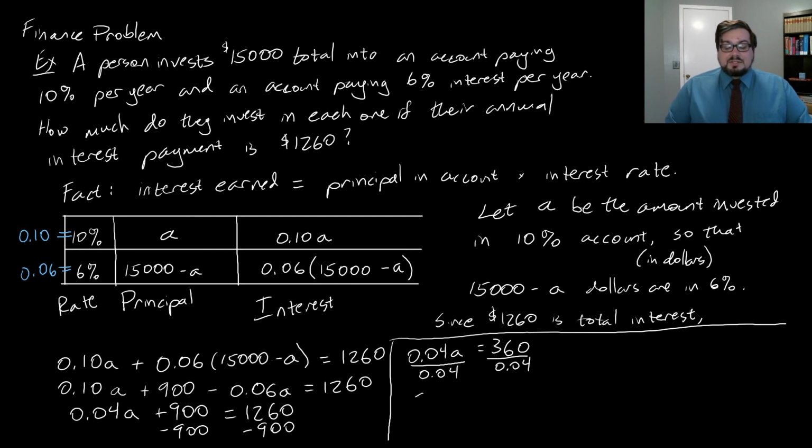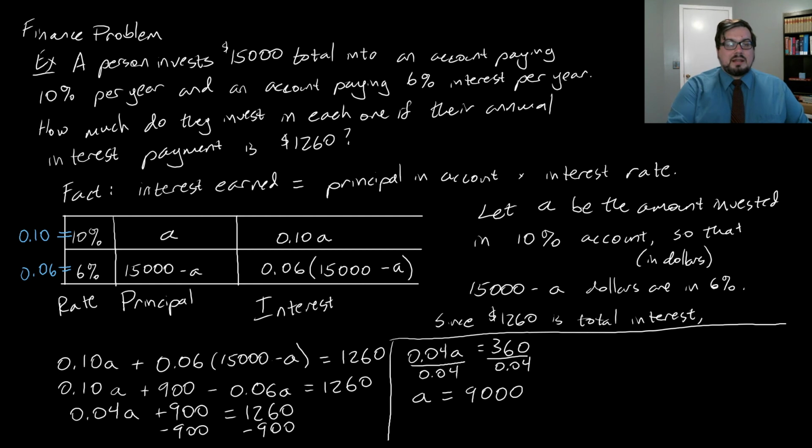We'll divide both sides by 0.04 and get that A is equal to 360 divided by 0.04. This is the sort of thing that you'll want to plug into your calculator and get that A is equal to 9,000. So now we can say that based on this, A is equal to 9,000.